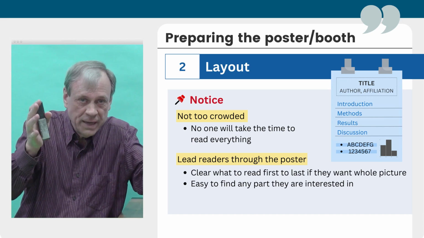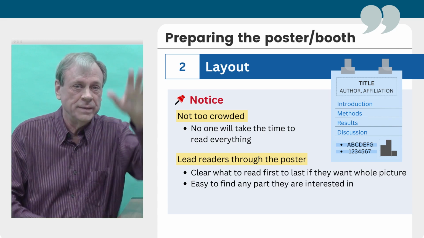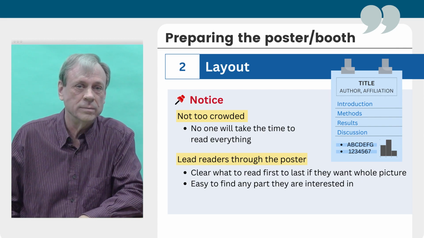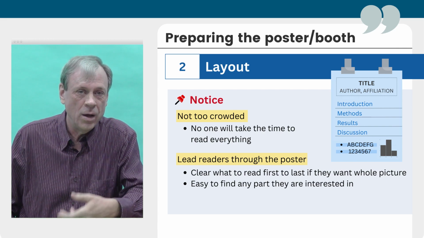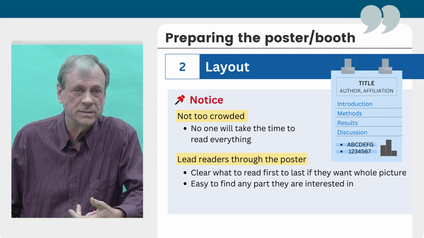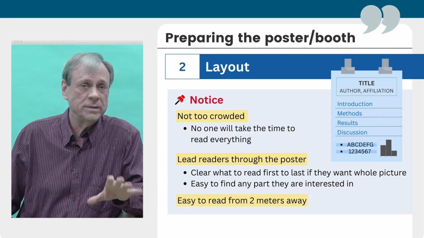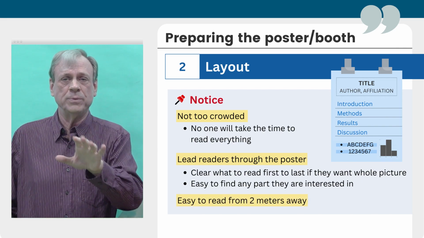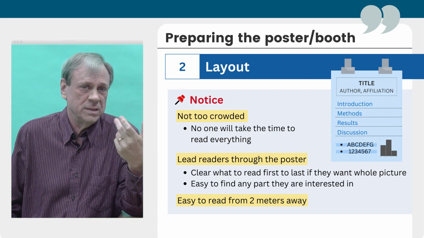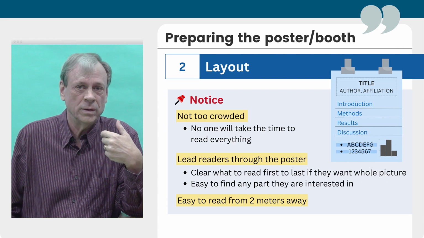You can leave space between columns, and that will make people tend to read in columns. They know how to read it in order to get things in the right order if they're interested. Make sure the font is large enough so that people can see it and read it from about 2 meters away, because that's a normal reading distance for a poster.